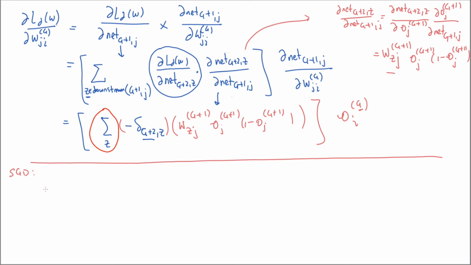So the SGD update at iteration t+1 is going to be the old weight at iteration t plus, and the reason it's plus is because there's a negative here, so minus becomes plus, eta, and I'm going to rearrange this summation a little bit. I'll get the o_i^g term out the front. Notice that this is a summation over z, and these two terms here don't have any z's in them, so I can take them out.